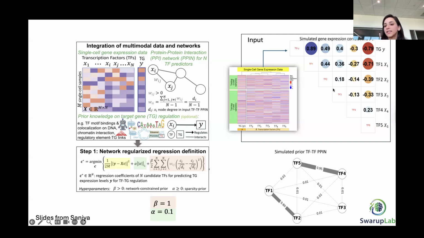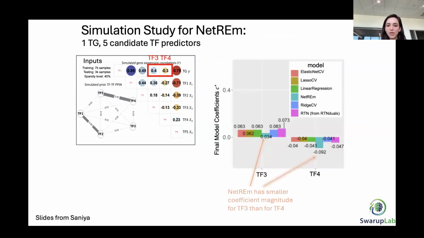So you may think that TF3 is probably more associated with target gene Y, so we can consider that, right? And then if we look a little bit closer, transcription factor 3, which has a slightly higher correlation with our target gene, is like a lone wolf, just stranded there, and we don't really know exactly how it is functioning in a biological network.